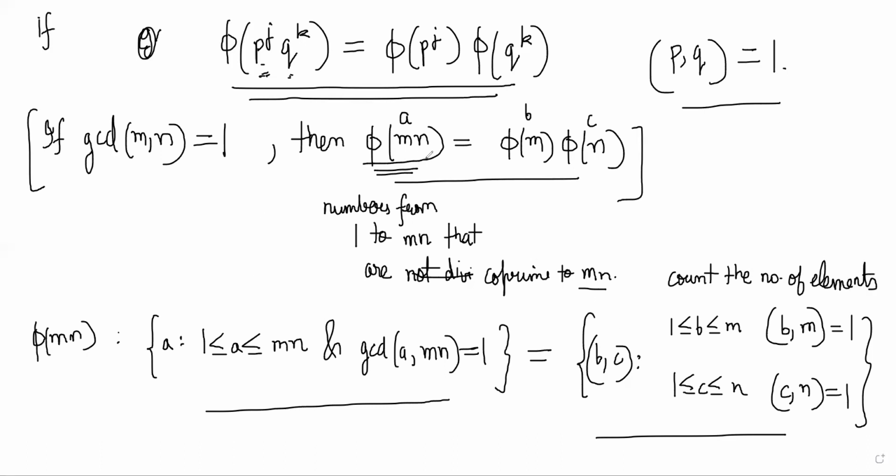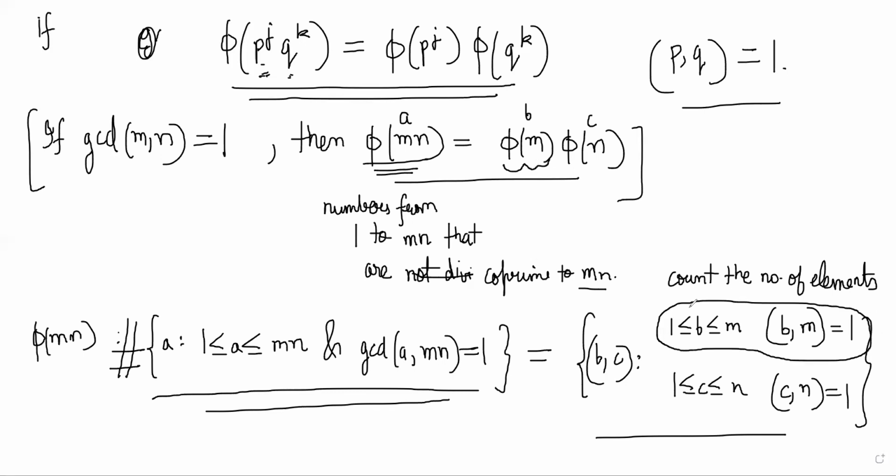Because phi of MN is not a set, it is the number of elements in this set. Phi of M is the number of elements here, and phi of N is the number of elements here. The product of those two numbers will be the total number of elements here.